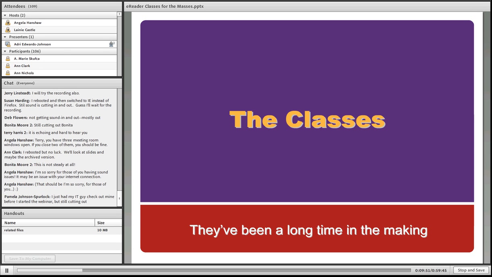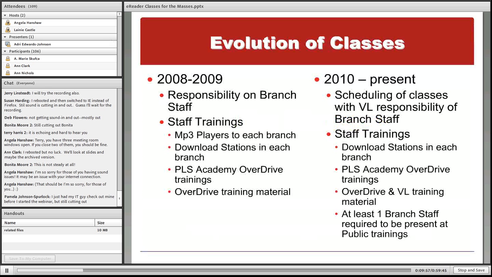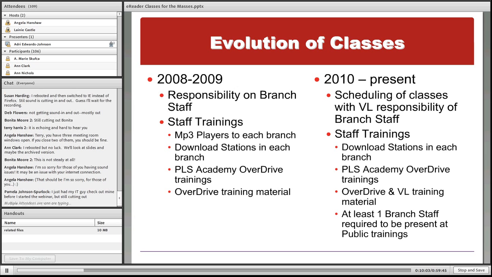So about the classes, they have been a long time in coming and in development. It started out in 2008 when we got Overdrive, and we had 9 branches at the time.